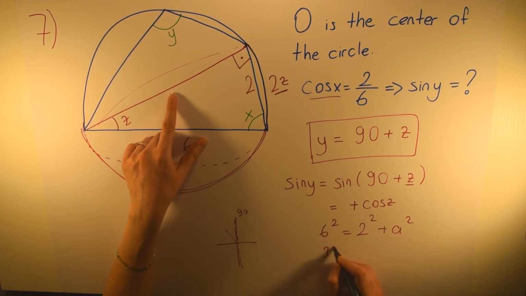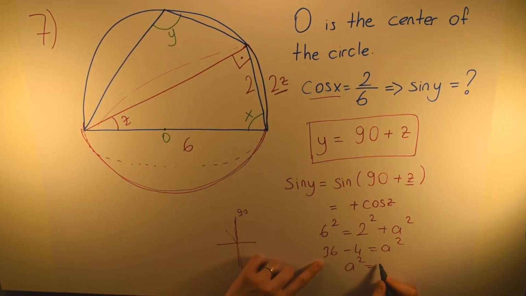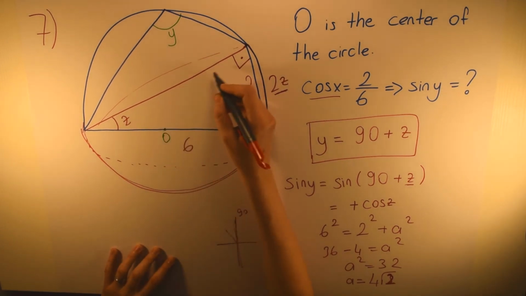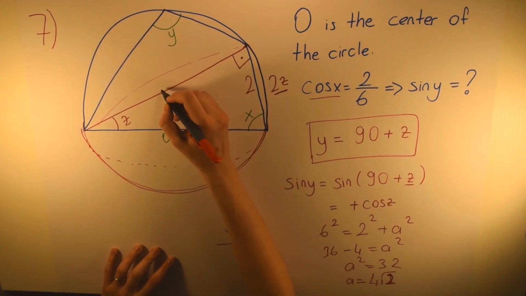So it will be 36 minus 4 is equal to a squared. So a squared is equal to 32. A is equal to 4 square root of 2. Sorry, it's 2 because 16 times 2 is 32. So we found the length of this side. This is equal to 4 square root of 2.